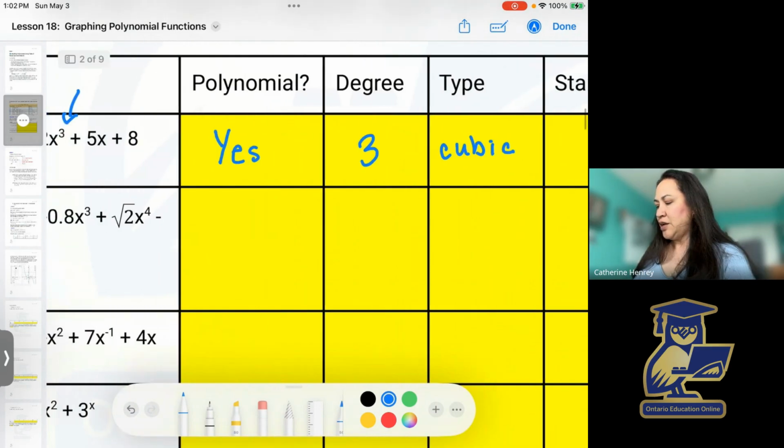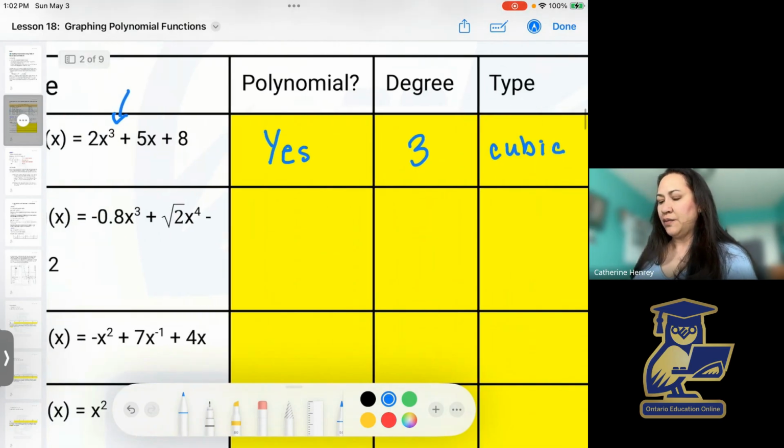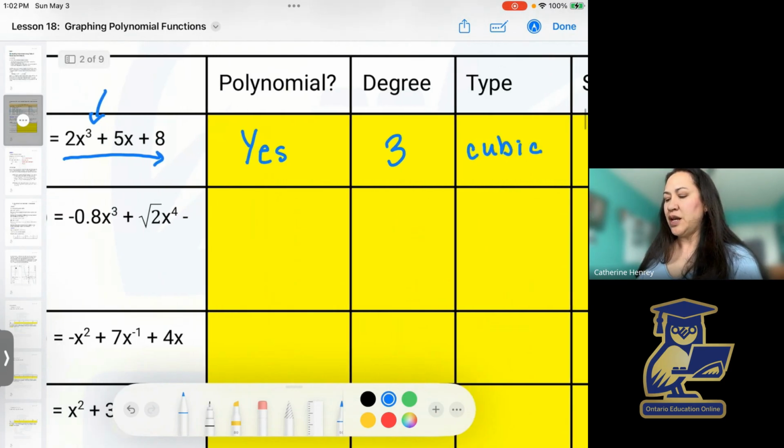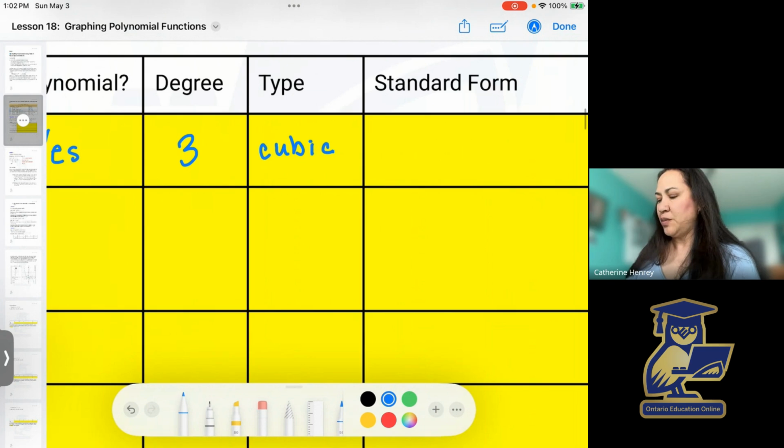And then in standard form, we just want to make sure that we have the terms in descending order of degree. So it seems like it is already in standard form. We just want to make sure we write it properly. F of x is equal to 2 times x to the power of 3 plus 5x plus 8.